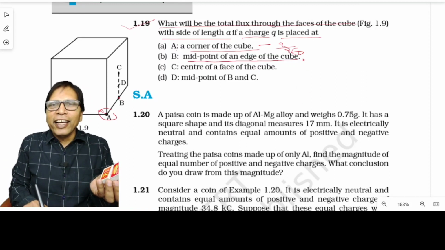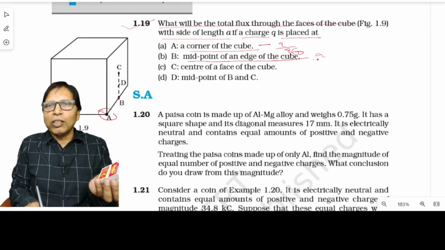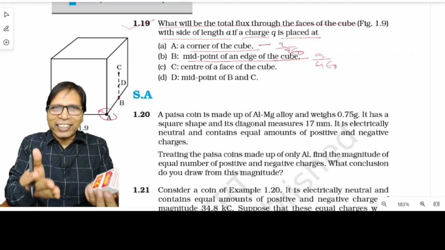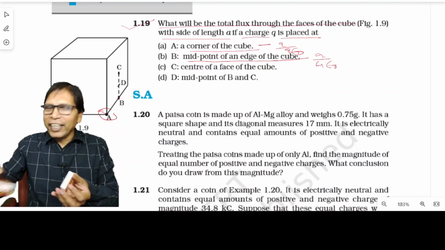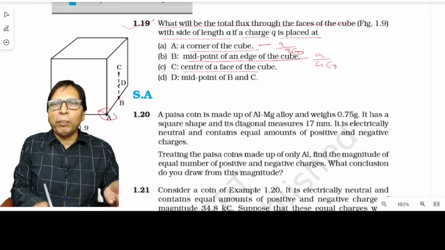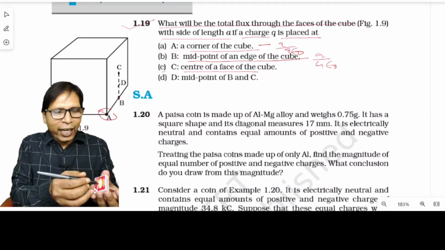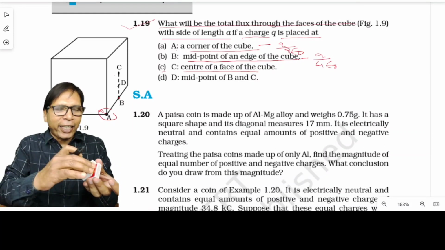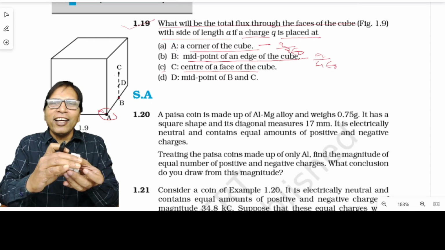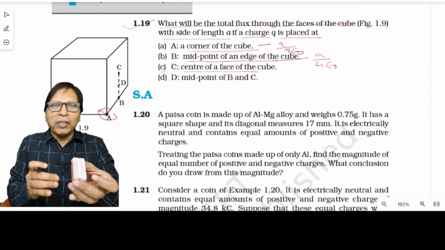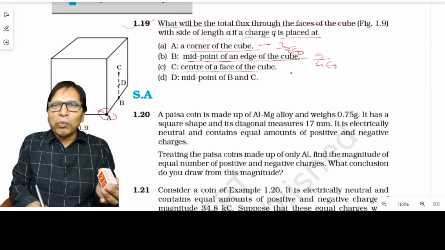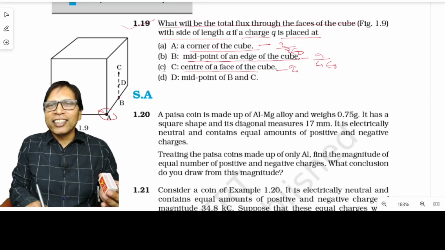So the flux on each cube is Q by 4 epsilon naught. Next, center of the face of the cube. Charge is here. To bring the charge to the center, another cube is required. So total flux in the 2 cubes is Q by epsilon naught, so the flux on each cube is Q by 2 epsilon naught.